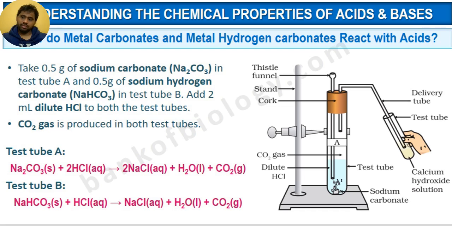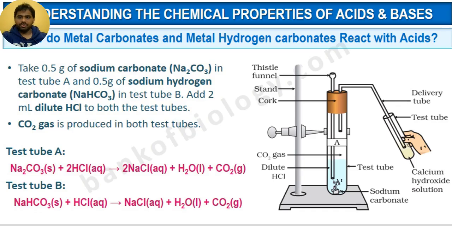We also understood how metals react with acids and bases. Whenever an acid or base reacts with a metal, hydrogen gas evolves, which is tested by the pop test: bringing a candle near the bubbles of hydrogen gas, and the bubbles burst with a pop sound, which indicates the presence of hydrogen gas.